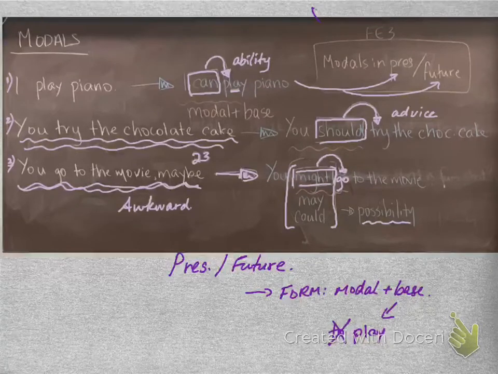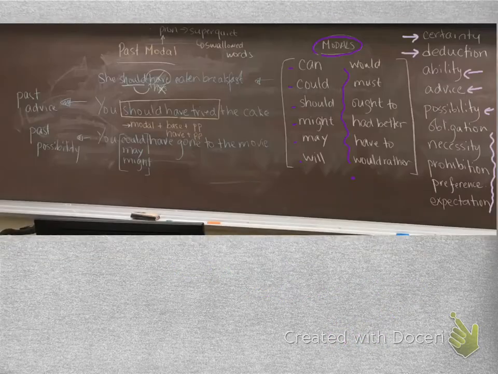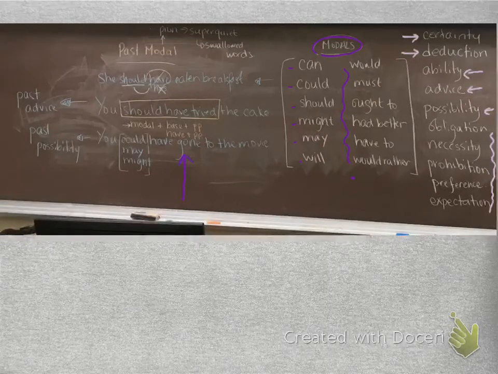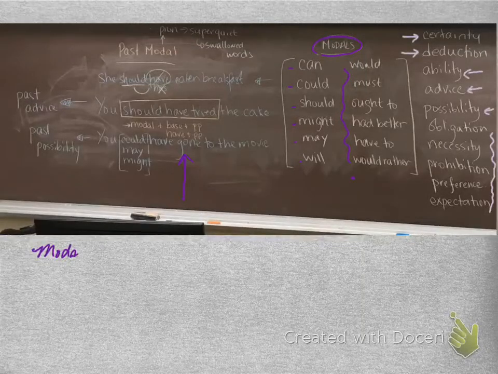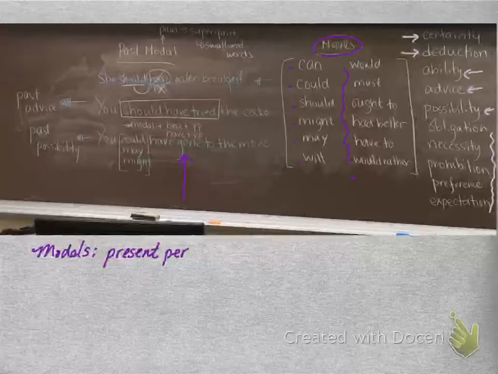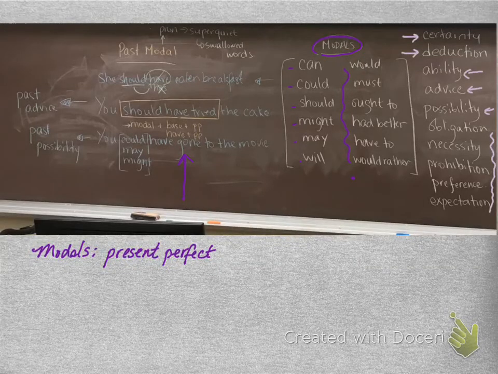Okay, so let's see what happens when we try and make these past. Okay. Let's just take a look in here. So the way we make modal verbs past tense is we use the present perfect idea, I guess, is what you could say.